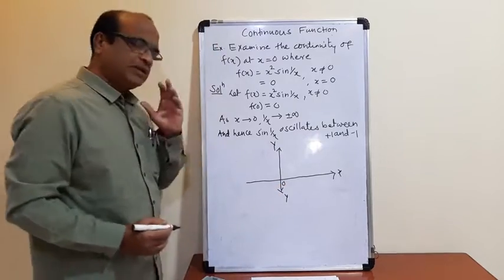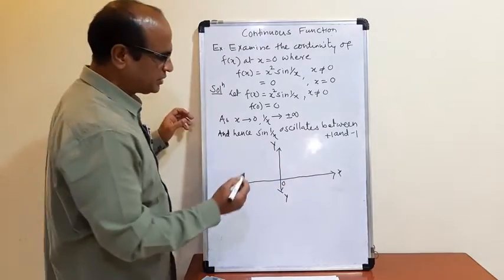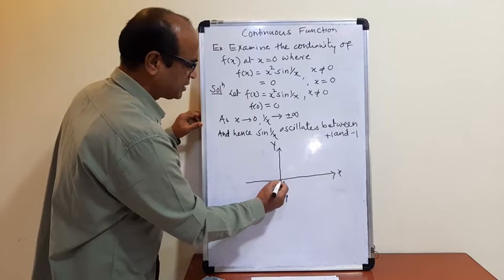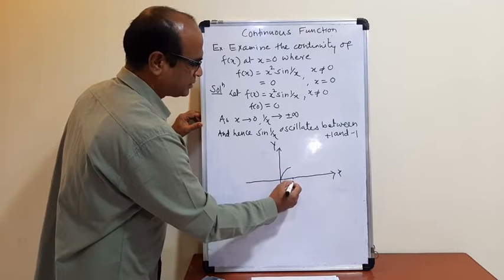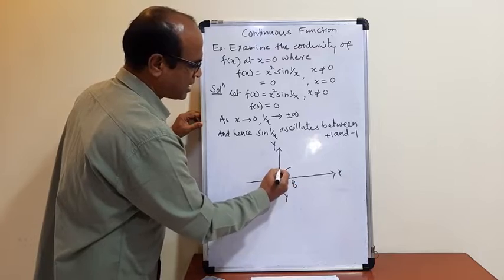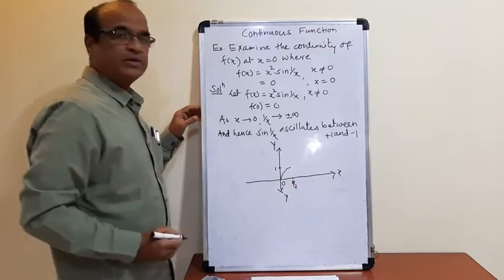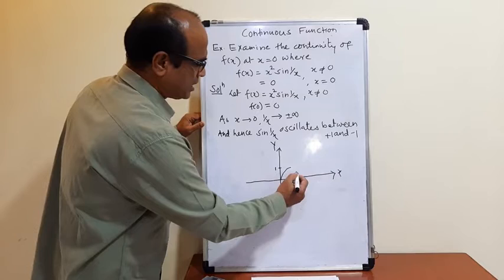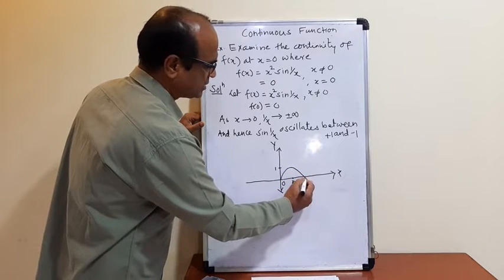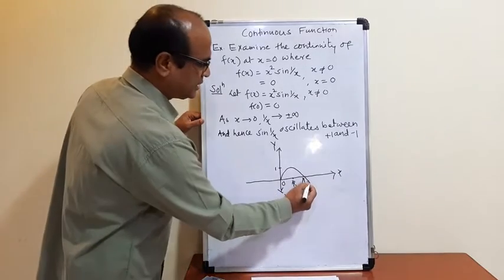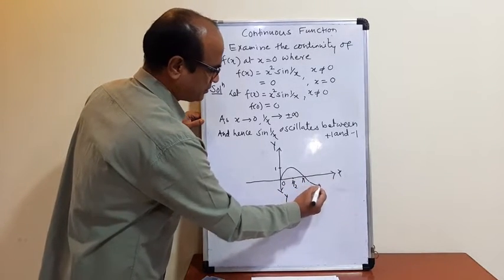What is sine 0? Sine 0 is 0. What is sine pi by 2? Sine pi by 2 is 1. What is sine pi? Sine pi is 0. What is sine 3 pi by 2?